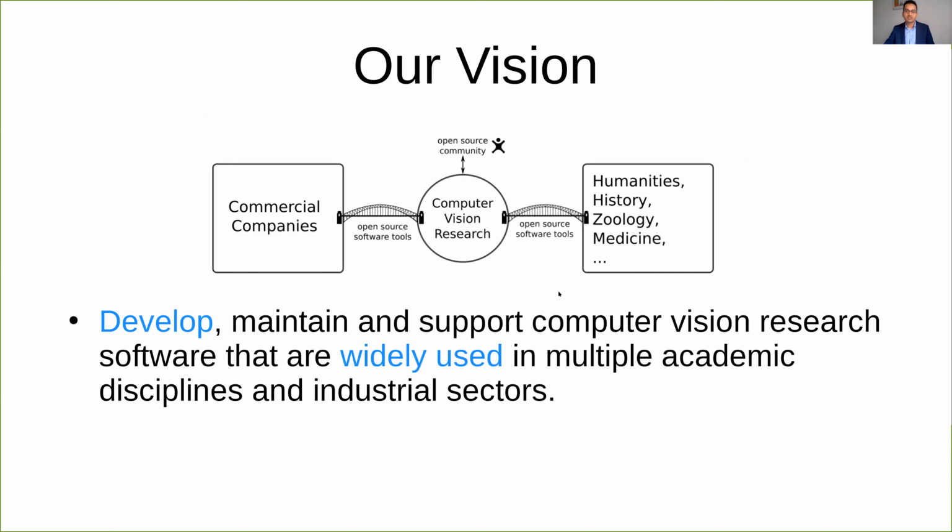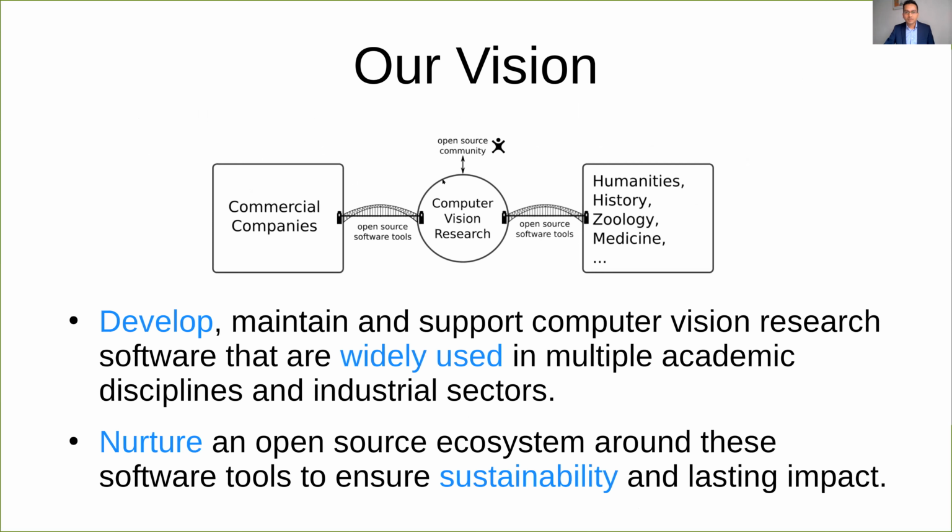So today I'll share my experiences of developing research software in the last 4 years. In our lab, our vision is to develop software that is widely used by people in academic research as well as industrial projects. And we also want to nurture an open source ecosystem around this software so that the software itself is sustainable and has lasting impact.